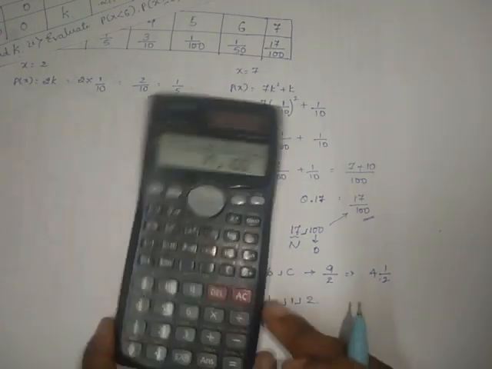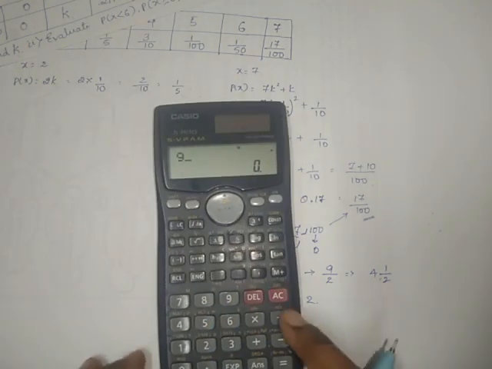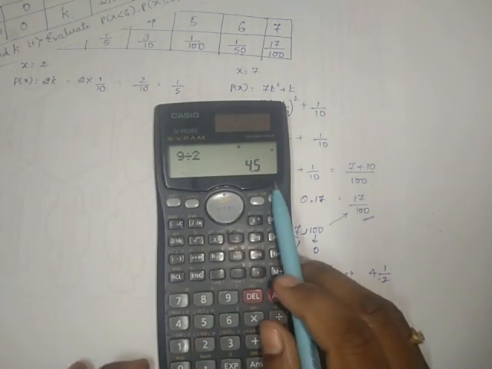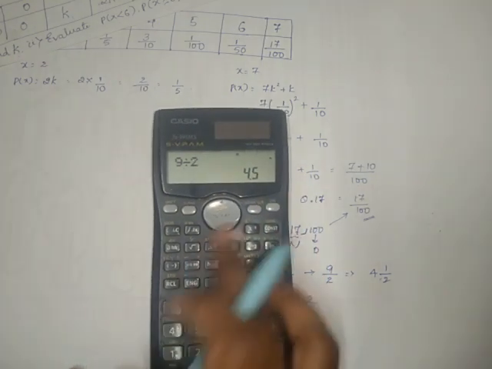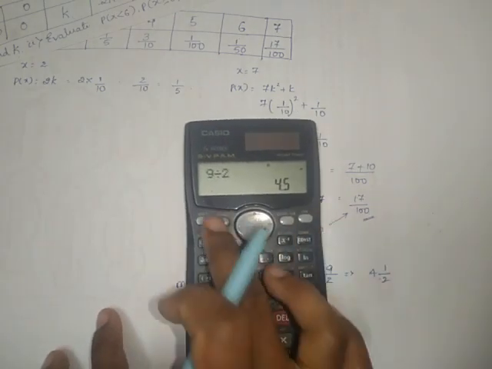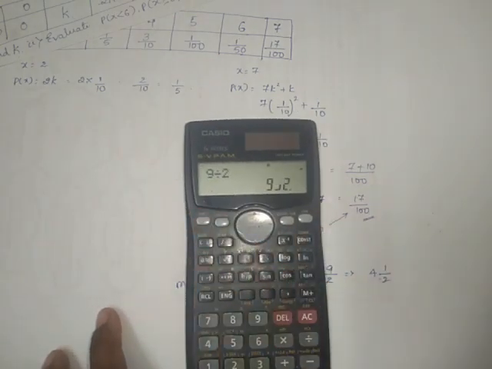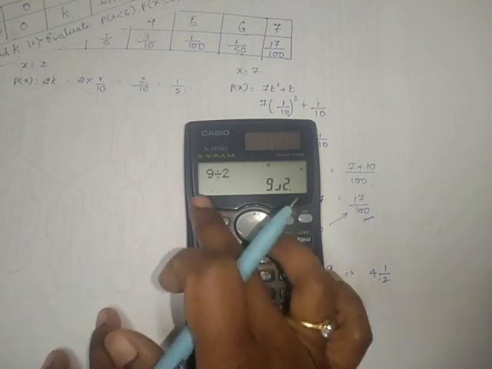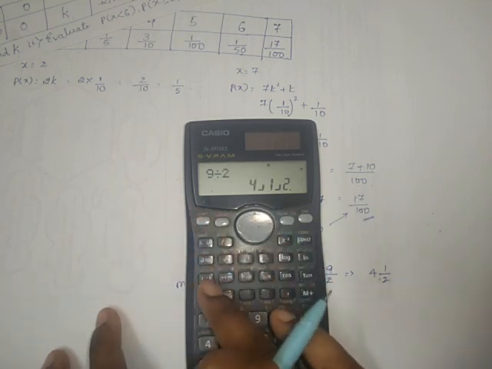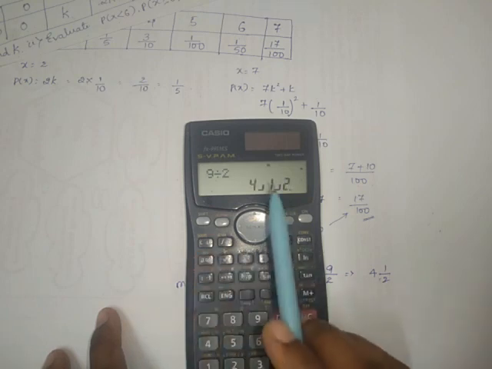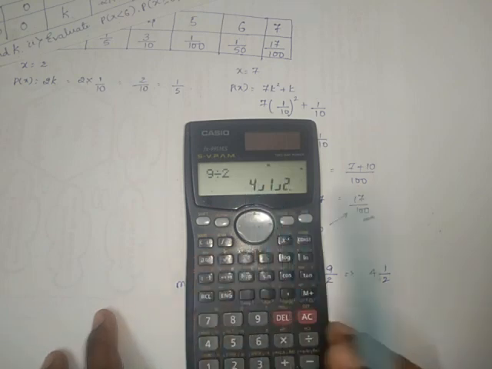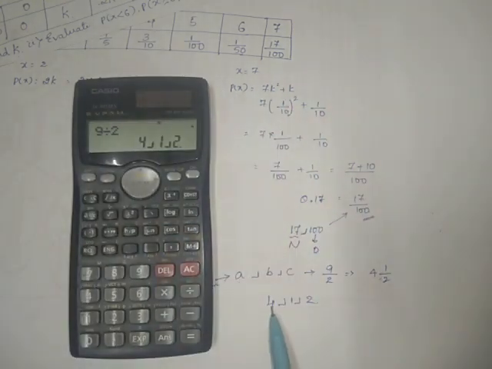Let me show you. 9 divided by 2 is 4.5, right? If we convert it into a fraction, see, 4 1 2. First number will be the whole number, next the numerator and denominator.